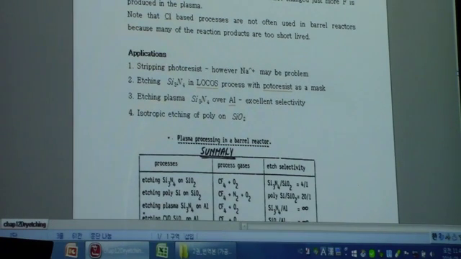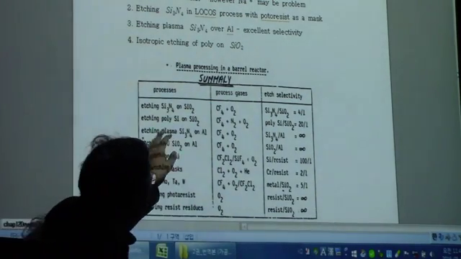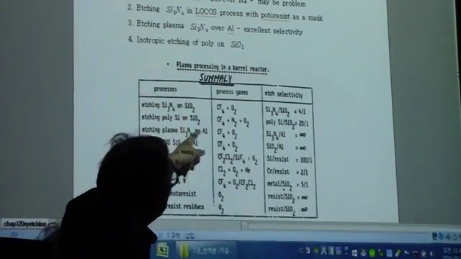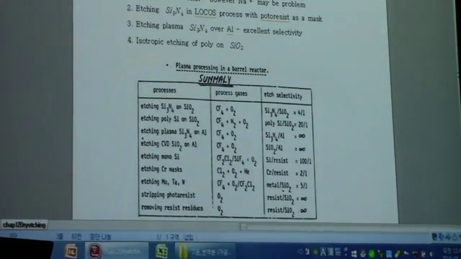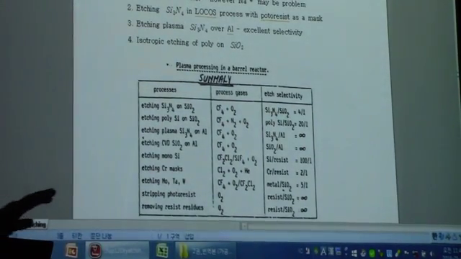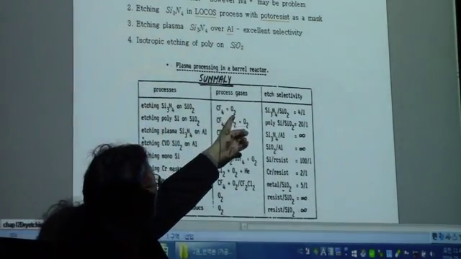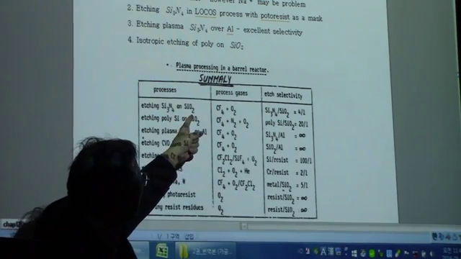Now let's move to the planar type reactor. And this is the summary of the barrel type reactor. The way to read this is that for etching silicon nitride on top of the silicon oxide, the selectivity is 4:1. So maybe you can use these gases to etch the silicon nitride, which is deposited on top of the silicon oxide.